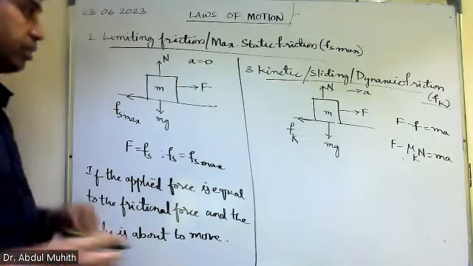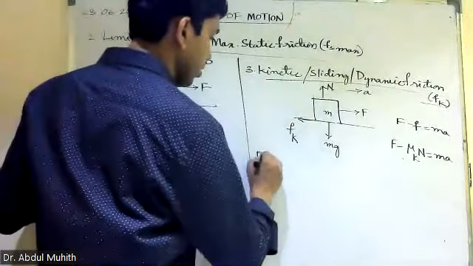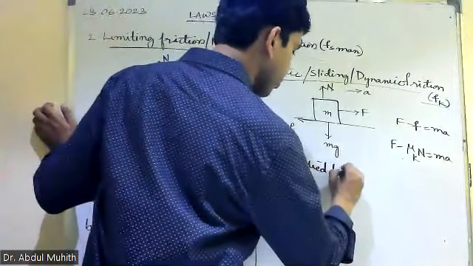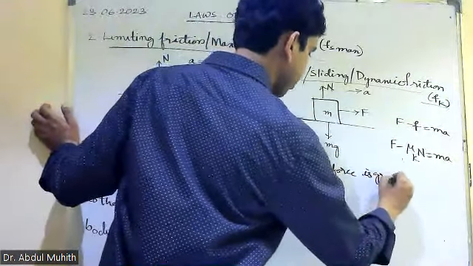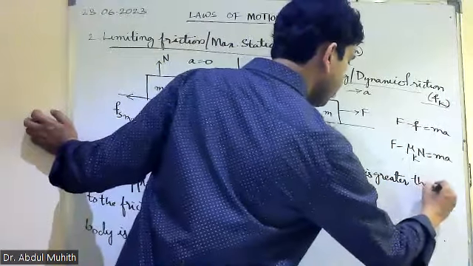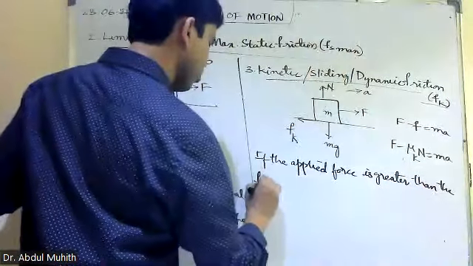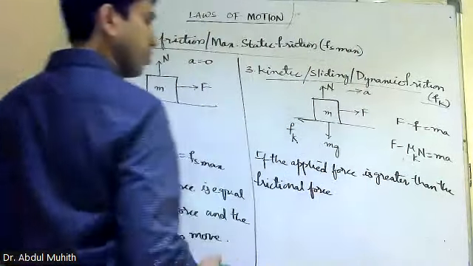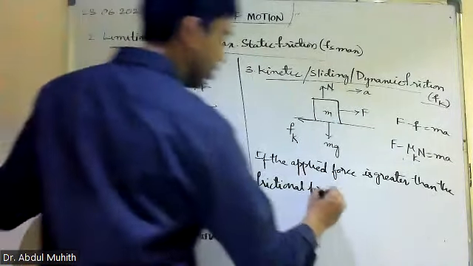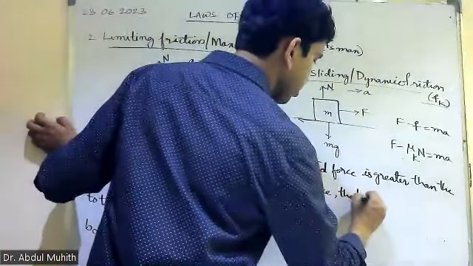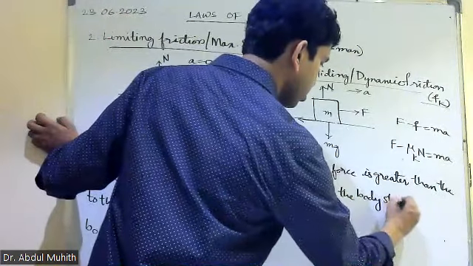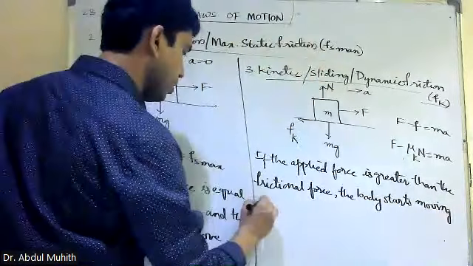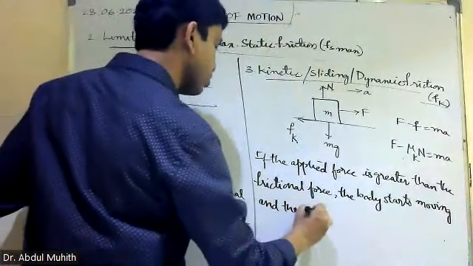So now I'll write the definition for this. If the applied force is greater than the frictional force, the body starts moving, and there is a resultant force.